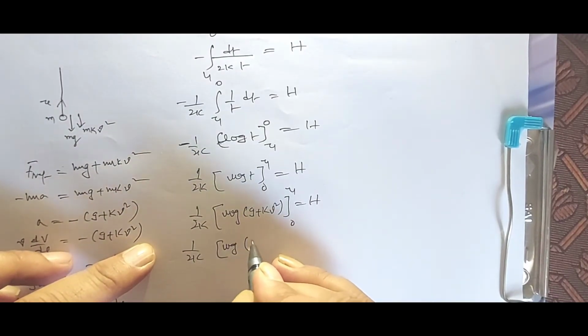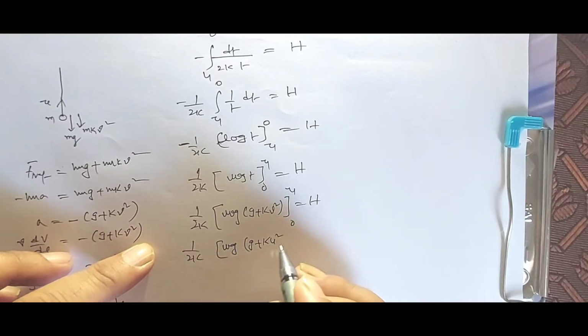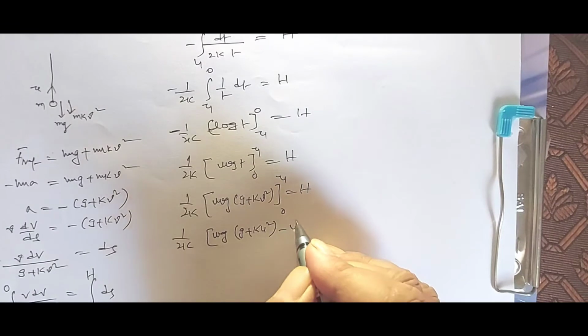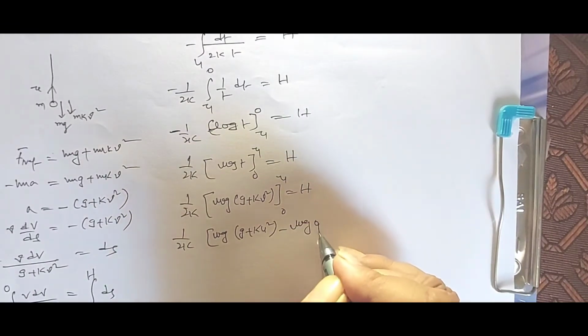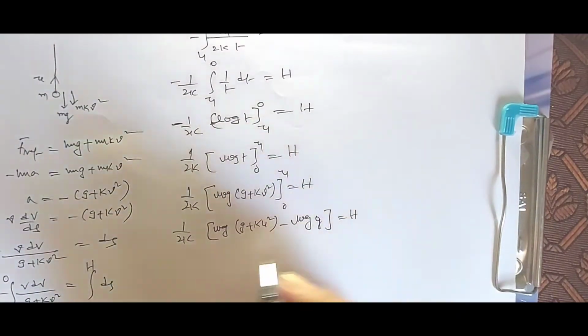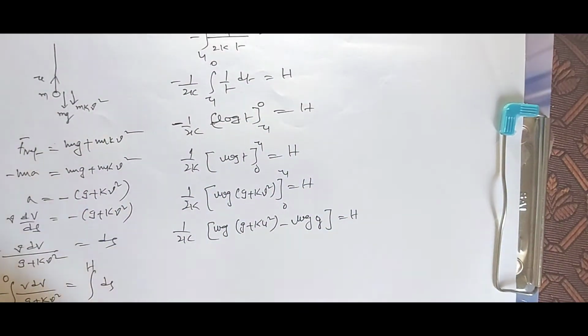Now log of (g plus k u square) minus log g is equal to h.